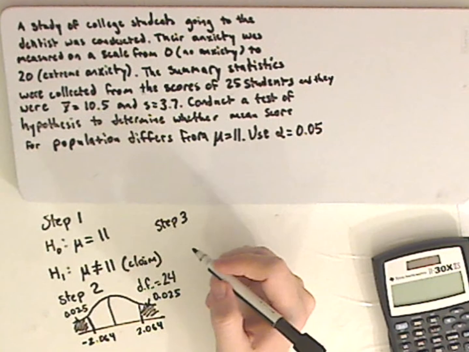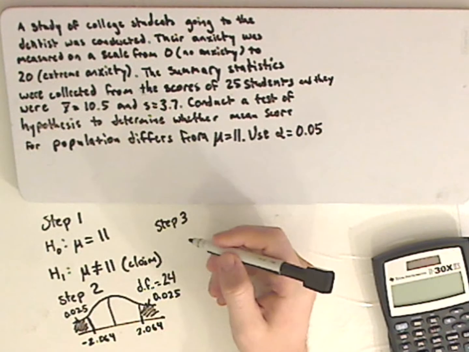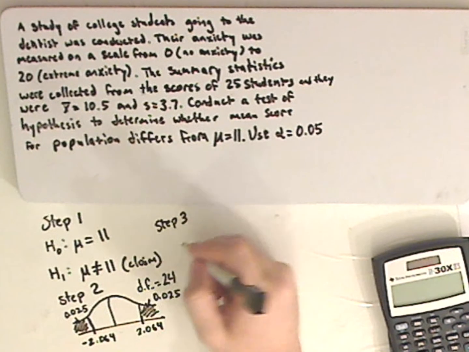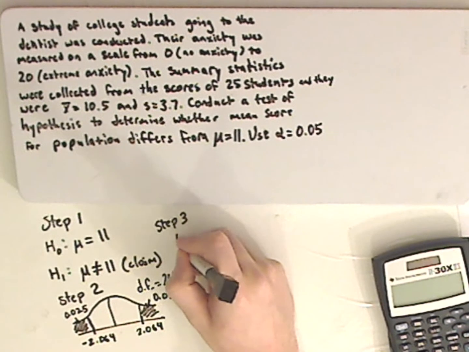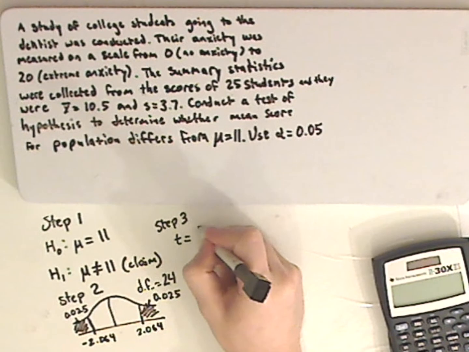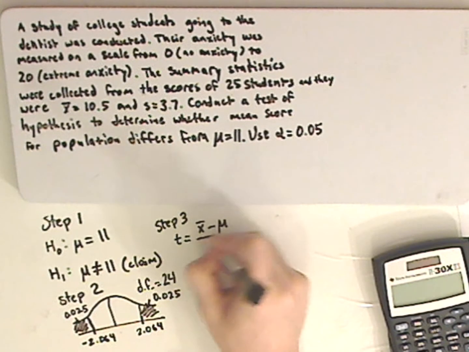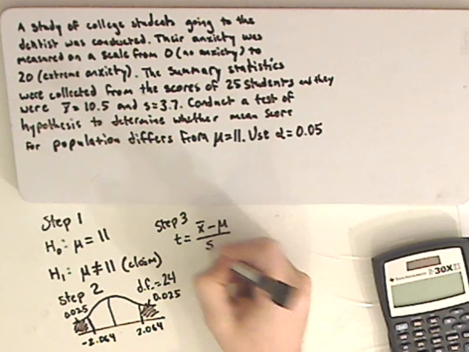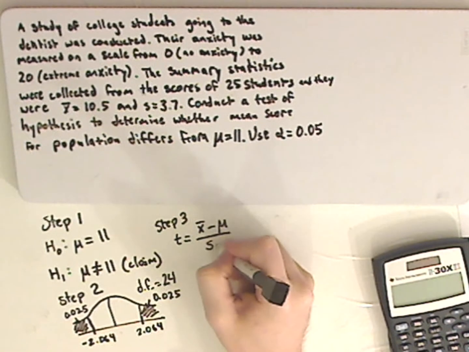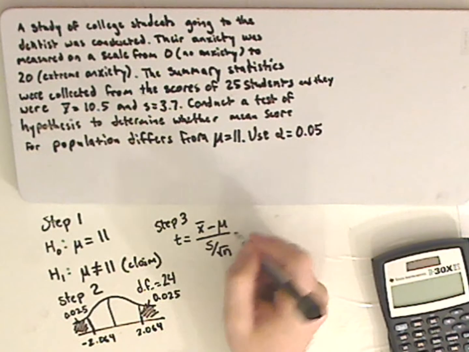Alright, step number 3 is you want to find your test statistic. Since here you're using t-scores, your test statistic is going to be t. So it's going to be a t-test. t equals x bar minus mu over s, the sample standard deviation, over the square root of n.